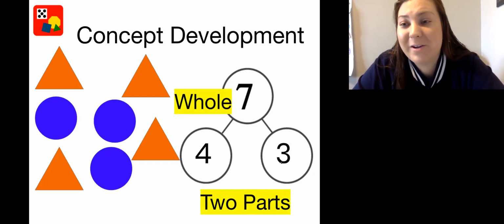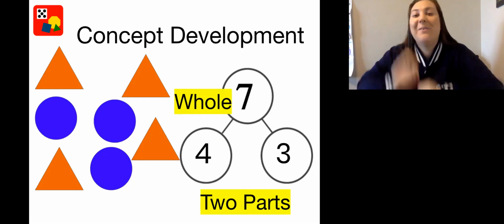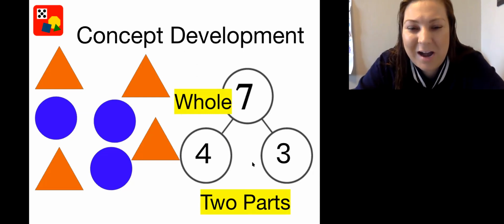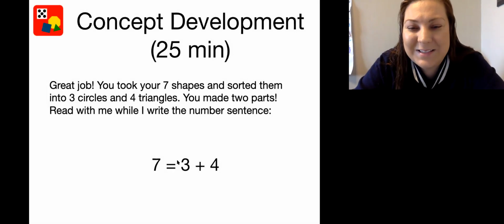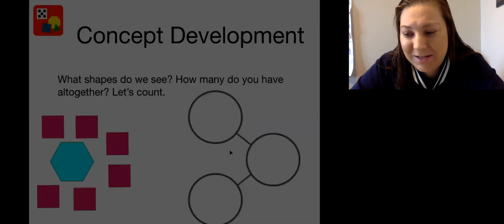So show me that with your hands. 4 and 3 make 7. Great job. Okay, so our number sentence would be 7 equals, or 7 is the same as 3 and 4. 3 and 4. Great job, scholars.